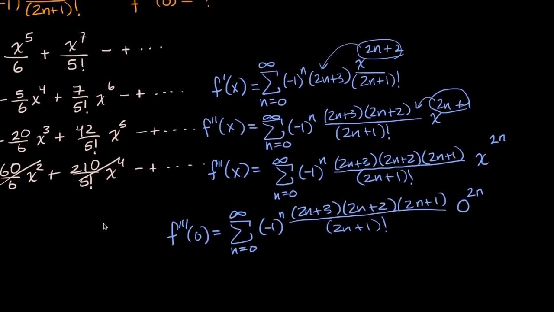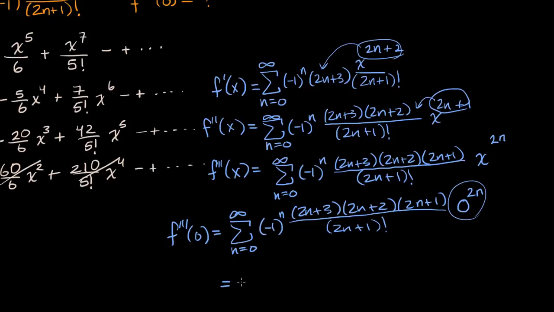And so the only term that matters here is when n is equal to 0. Because for n equals 1, 2, 3, 4, 5, all the way to infinity, this thing is going to dominate. It's going to be 0, and you're just going to zero everything out. And so this is just going to reduce to the first term when n equals 0. And when n equals 0, it's going to be negative 1 to the 0, which is just 1.